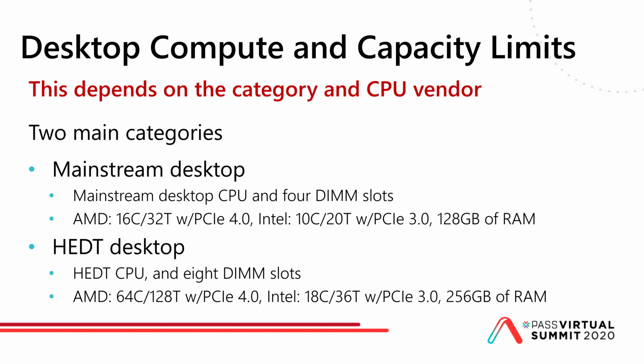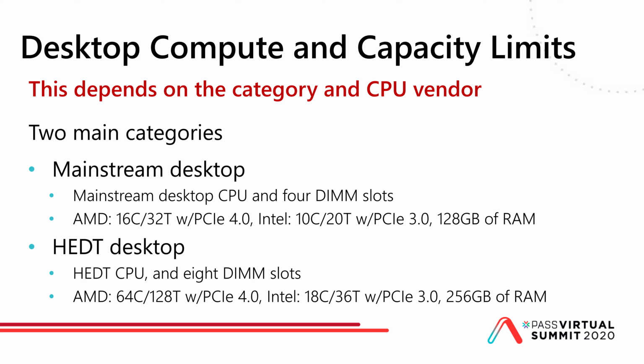But most desktop mainstream machines have 4 memory slots. And with AMD, you can have up to a 16-core 32-thread processor with PCIe 4.0 support. With Intel, you're limited to 10 cores and 20 threads with PCIe Gen 3. And both of these, whether it's AMD or Intel, as long as you've got 4 memory slots, are limited to 128 gigs of RAM.